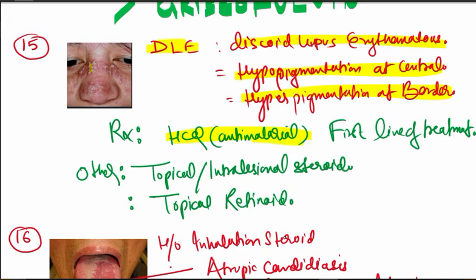Okay, this is one of the anti-malarial drugs. This is the first line treatment of this condition, DLE. Okay, other things can be used, that is topical or intralesional steroid, but we are not giving systemic steroid. Topical retinoid can be used, but the drug of choice is HCQ.